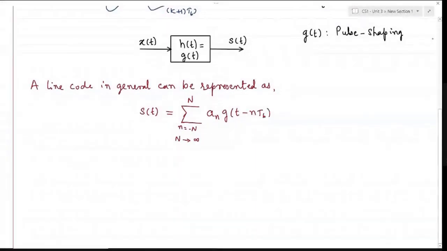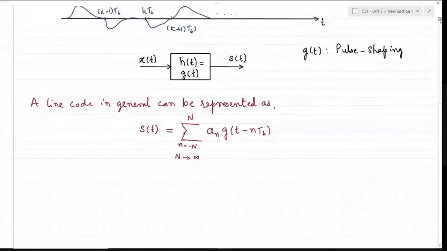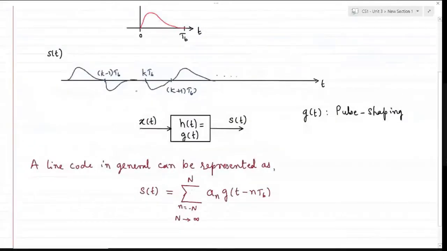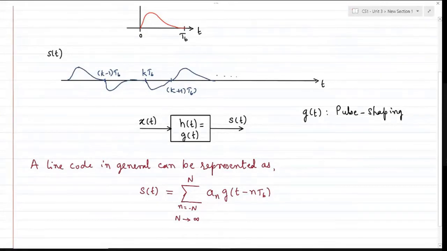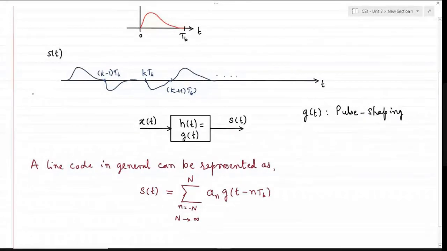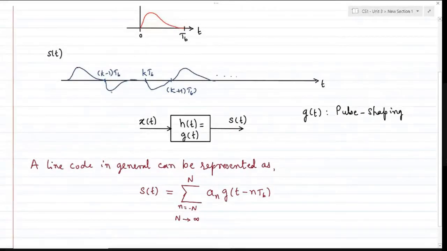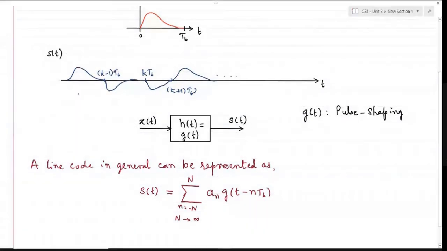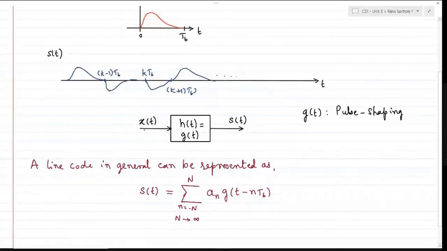So I'll map back to what I have written as the waveform here. a_n is a random amplitude. If this is my s of t at this instant of time, this is some random amplitude which totally depends on the original information signal. This amplitude also depends on what amplitude this x of t will have at (k minus 1) times the Tb interval of time.